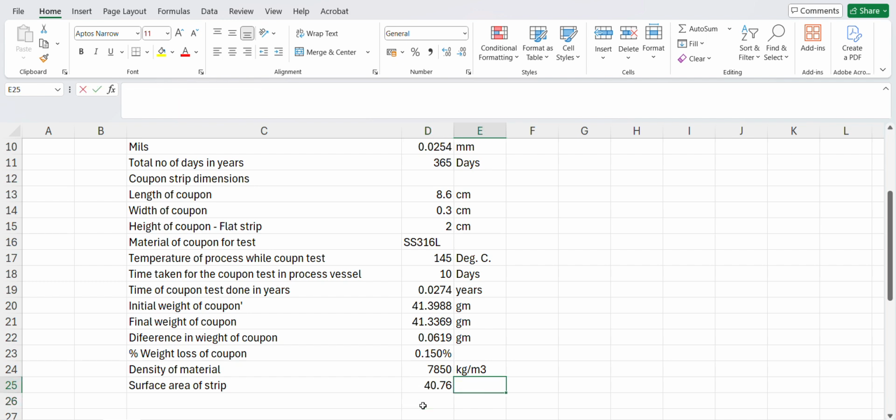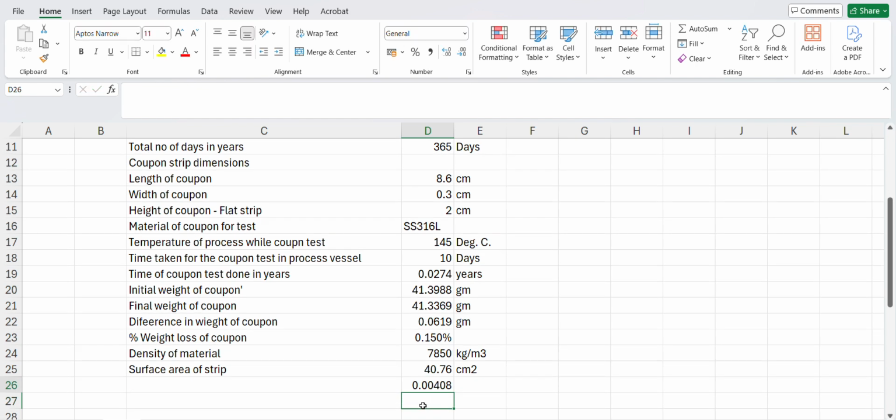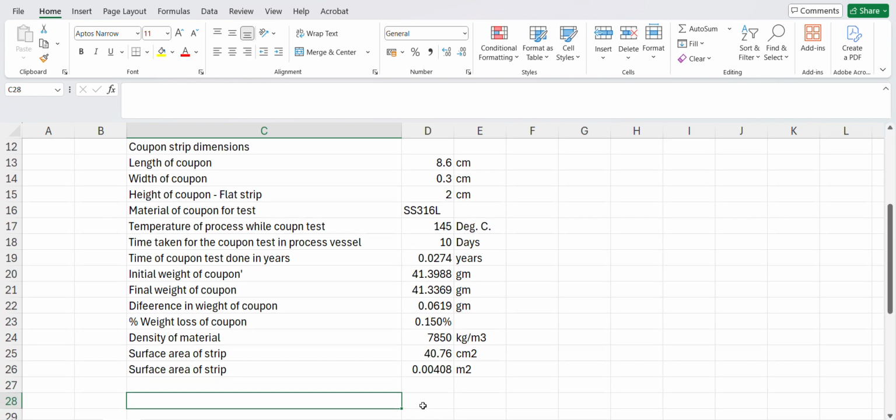That is in centimeter square, so we have to convert this into meter square. So that much is the surface area of the strip in meter square.